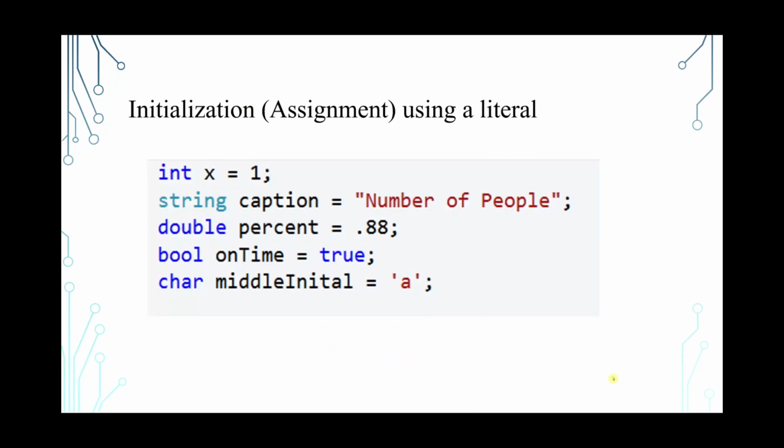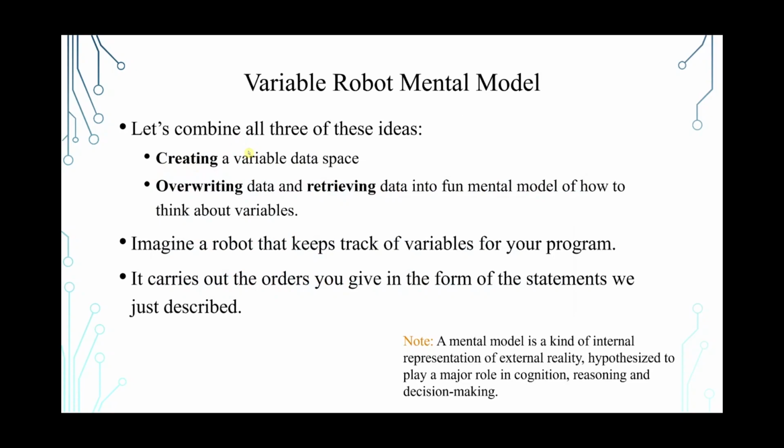So initialization using literals. You initialize x of type int with a literal 1. String caption with a literal number of people, and so on. Here are some examples. So let's talk about the variable robot mental model.